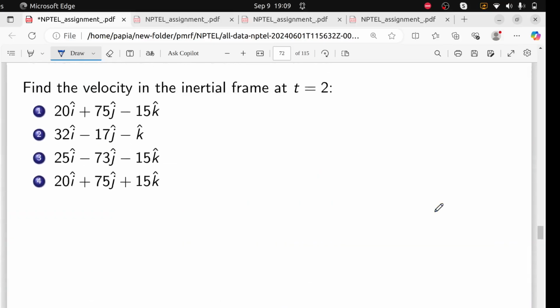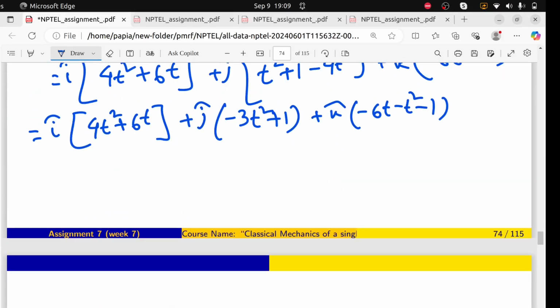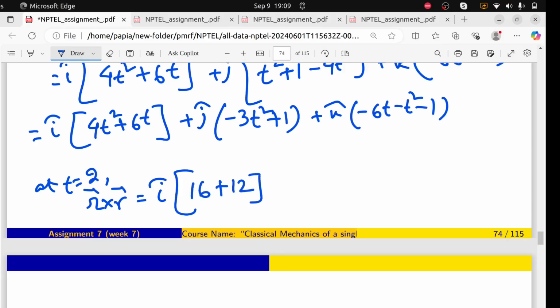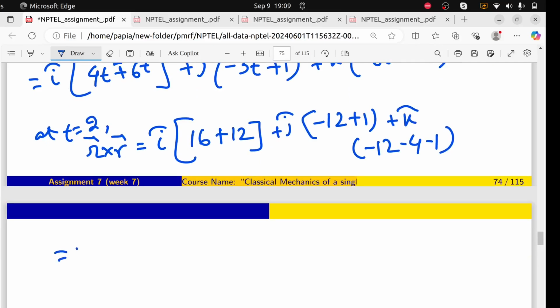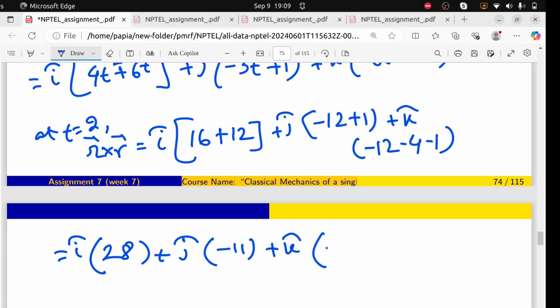Now at t equals to 2, okay, so at t equals to 2, omega cross r is 16 plus 12, minus 12 plus 1, minus 12 minus 4 minus 1. So 28, minus 11, minus 17.